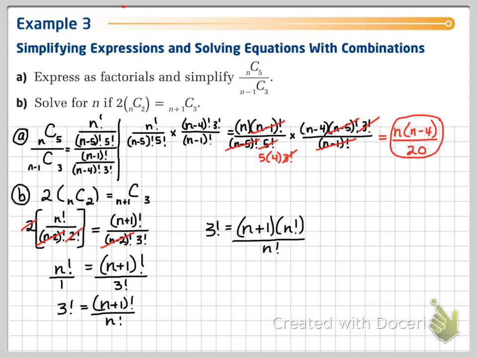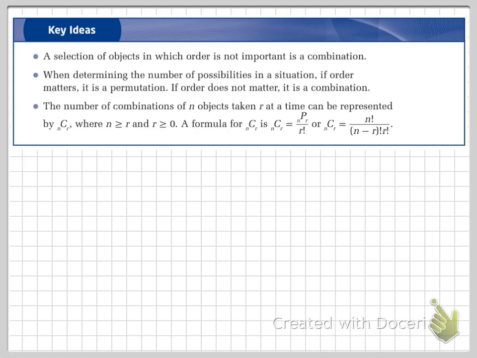I still have n factorial on the bottom, which means now I can cancel those 2. Now I'm left with 3 factorial, which is 3 times 2 times 1, which is 6, is equal to n plus 1. Subtracting 1 from both sides leaves me with n is equal to 5. My final answer.